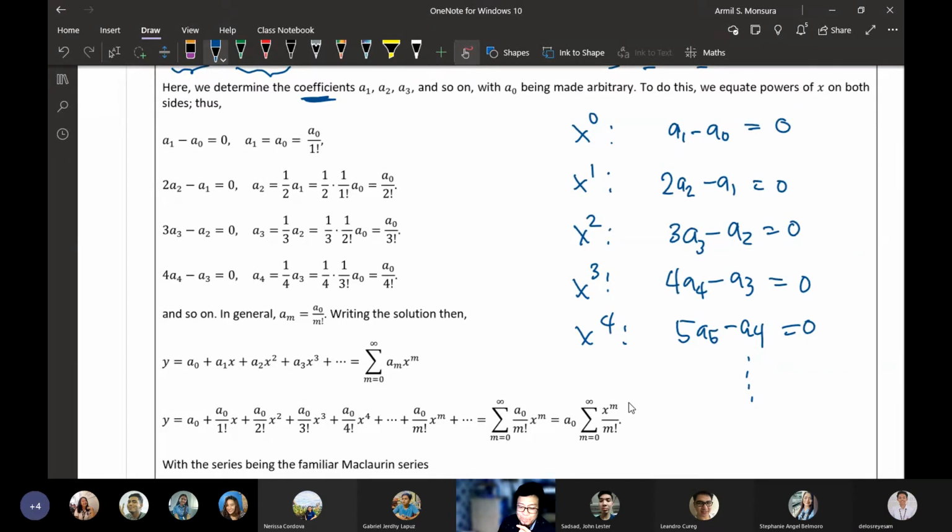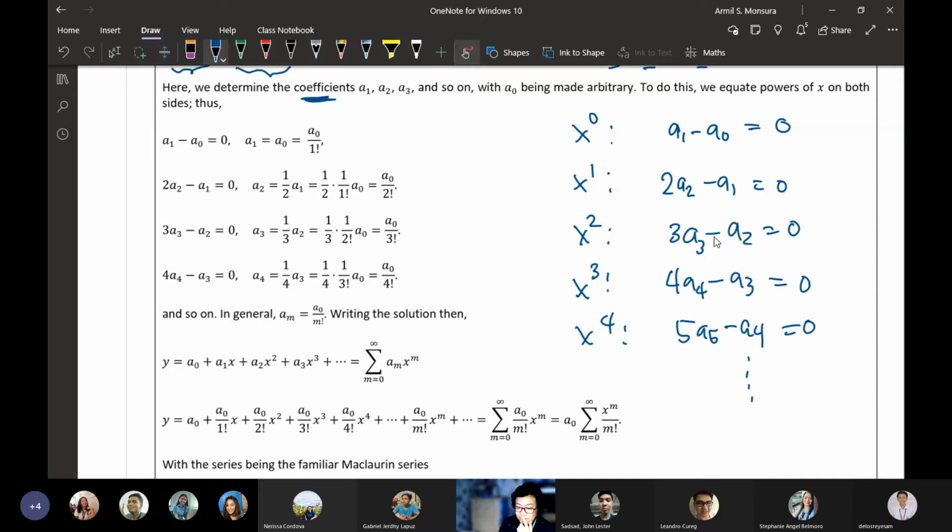Now, question. How many terms do you need to write? Okay, baka yan yung question niyo. How many terms do I need to write, sir? It actually depends on how well you can recognize the pattern. If you can recognize the pattern in 3 or 4 terms, edi write out 3 or 4 terms. Pero kapag hindi, you need to write more terms so that you can really recognize the pattern. Okay?